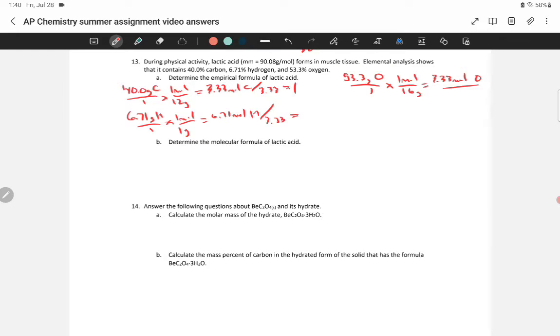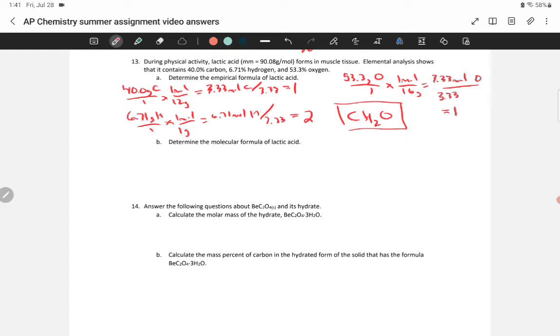We get about 2. And we get 1. So the empirical formula would have to have 1 carbon, 2 hydrogens, and 1 oxygen. And so the answer doesn't get lost, I would box those answers so that it's easy for anyone that's grading to find it.